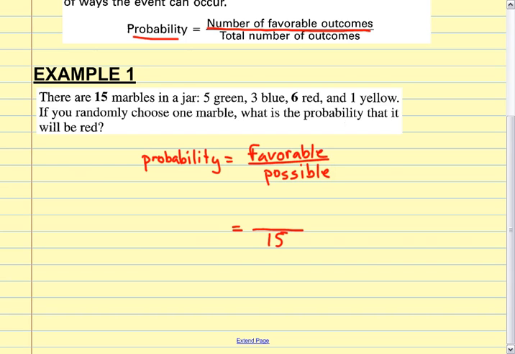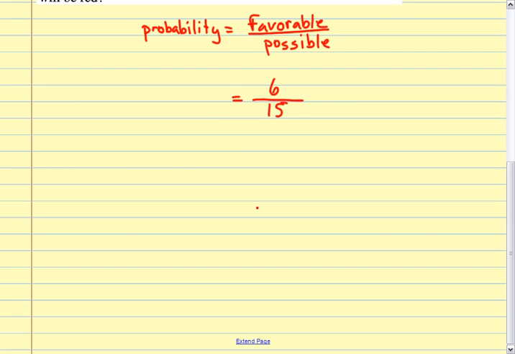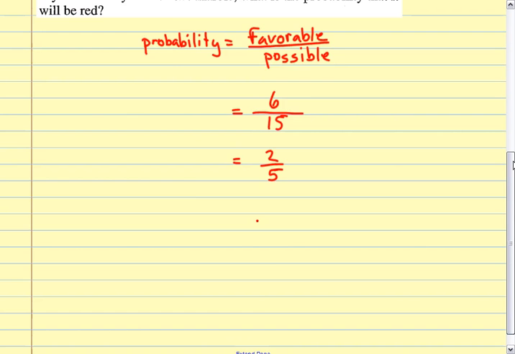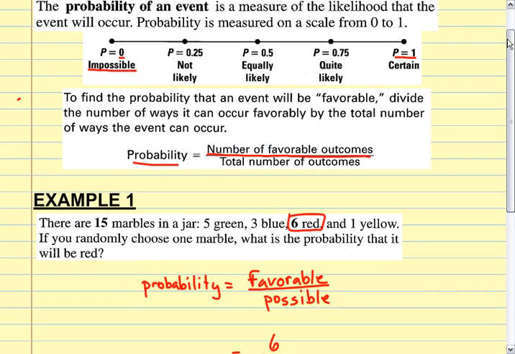Okay? Now, I could pick any one of those 15 marbles. How many of those 15 are favorable? Well, I'm looking for red, and there are 6 red, so 6 are favorable. So the probability is equal to 6 over 15. I can reduce that. 3 goes into both of those 2 times and 5 times. And remember, I can give my answer as a fraction or as a decimal. They have them written as decimals up here, so we'll write them as a decimal as well.